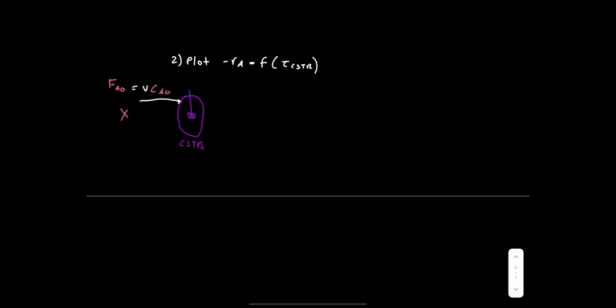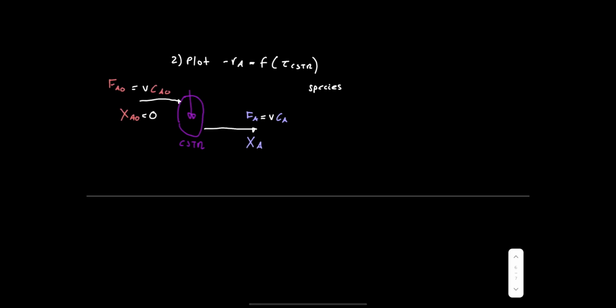And the conversion here is 0 because nothing is converted yet. And in our outlet, we would have a molar flow rate of the species A, which is the volumetric flow rate times the concentration of the species A. And here we would have our conversion of the species A.